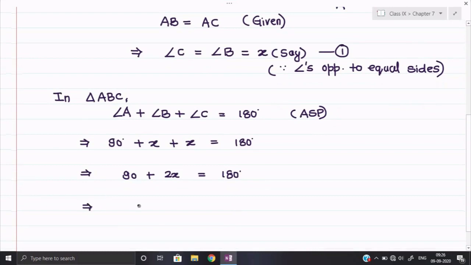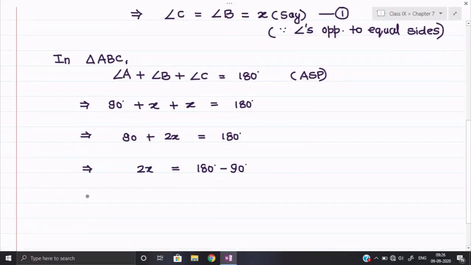So 2x will be 180 minus 90. From 180 subtract 90, how much remains? It will remain 90. So 2x will be equal to 90. The 2 is in multiplication, so it goes to the other side. So x will be equal to 90 degree upon 2. So this will be 45 degree. Value of x is 45 degree.